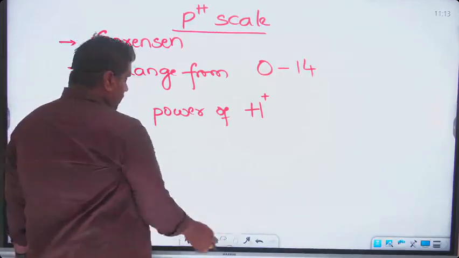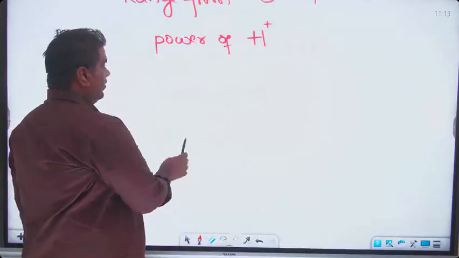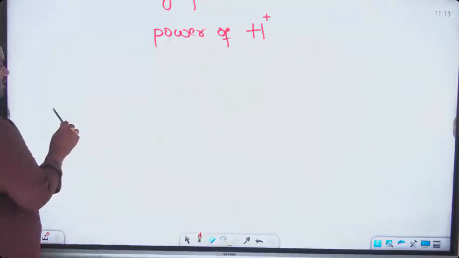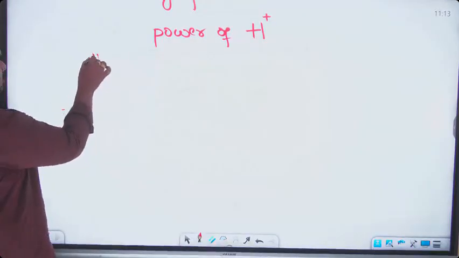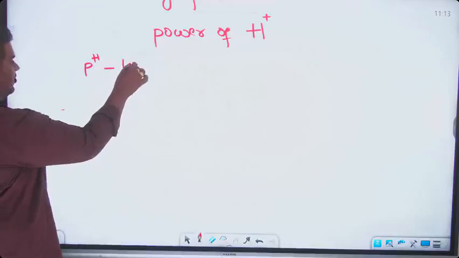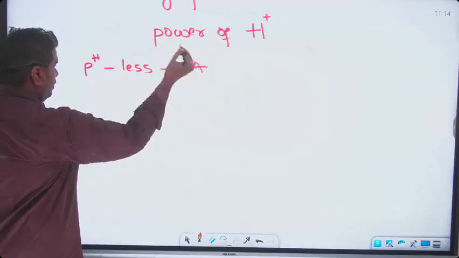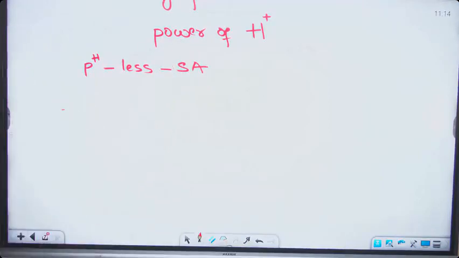Right. Now, the moment you're talking about the case of this particular pH scale, so here in this case, if pH value is less, pH value అనేది తక్కువగా ఉన్నట్లయితే, it is a strong acid.